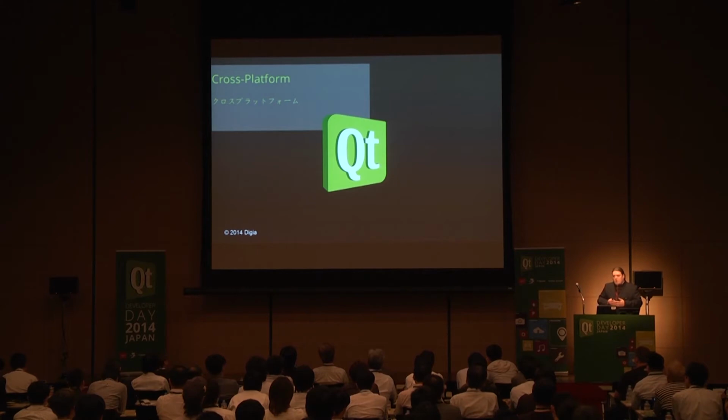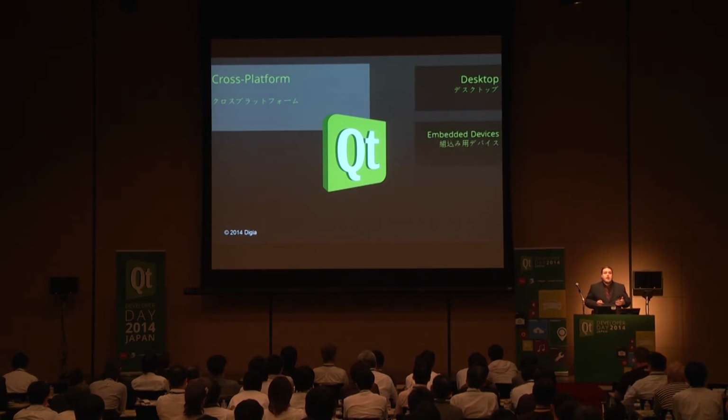Cross-platform has always been the number one value of Qt, that we let you take your software where you need it to run. It started from desktop, and for a long time now, Qt has been used on embedded devices. And in late years, Qt has also expanded towards mobile devices.